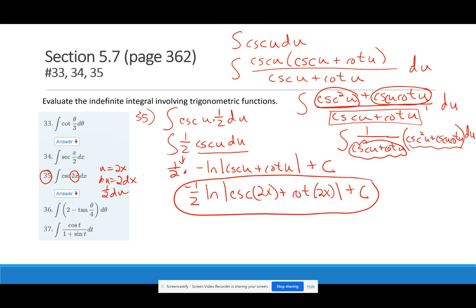And the derivative of cosecant u would be negative cosecant u cotangent u. So this almost works, but I would need a negative on these. These would need to be negatives.